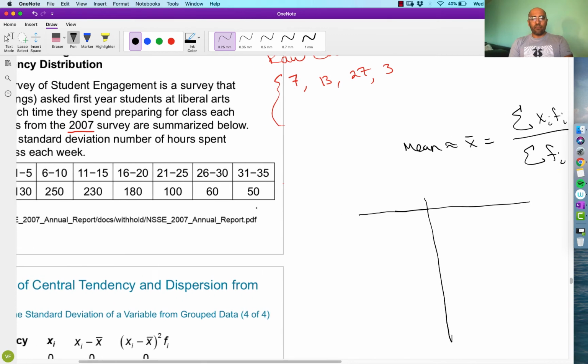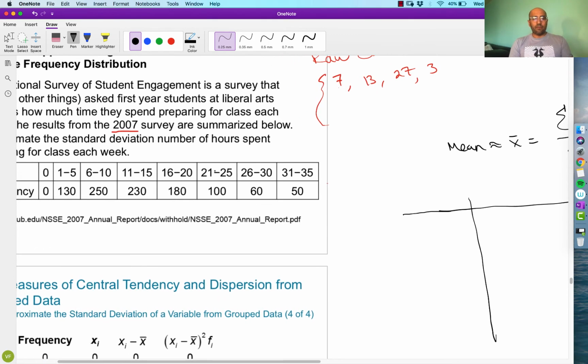I'm going to put them from horizontal to vertical is basically what's happening. So I'm going to have 1 to 5 is one of them there, 6 to 10 is over there, 11 to 15 is over there, 16 to 20 is over there, 21 through 25 is over there, 26 to 30 is over there, and finally 31 to 35 is over there.